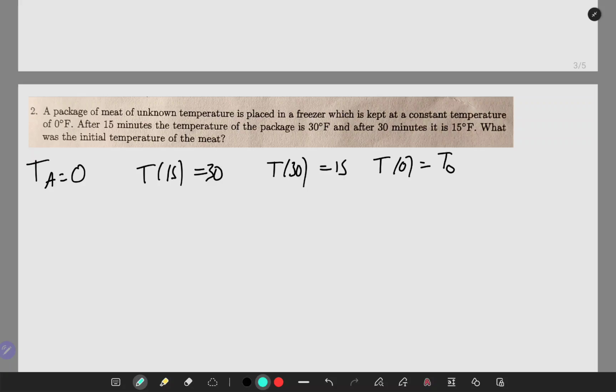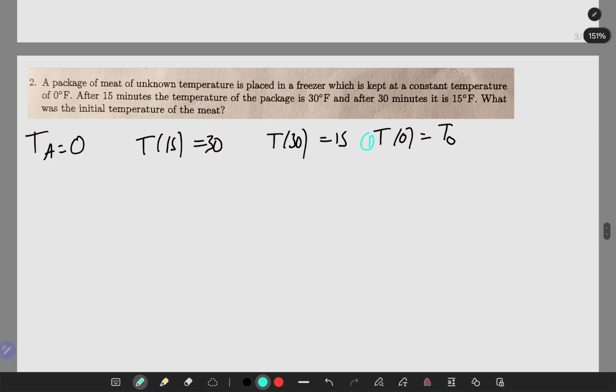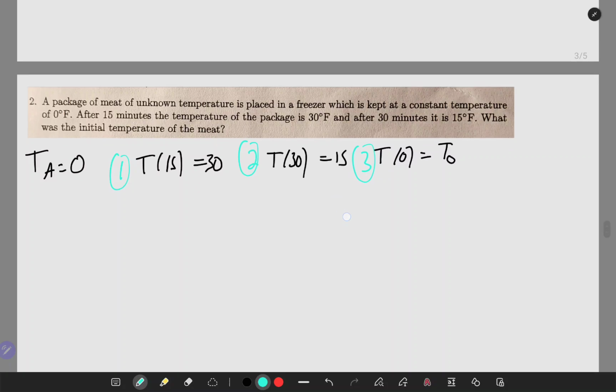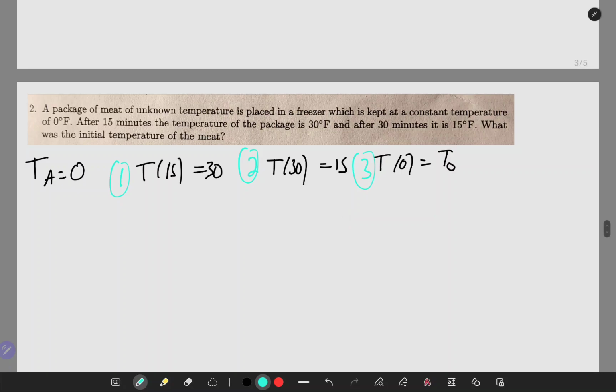So for this one, instead of going 1, 2, 3, right? We're not going to do that. We're going to go backwards. And that's what got me when I first did this problem. This is what I was having a hard time with. Because you have to start with what's given to you first, basically.